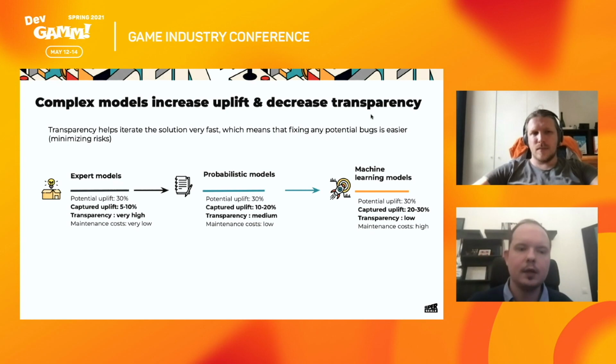The uplifts that I showed here for the expert models, probabilistic models, and machine learning models are always compared to what the old system is doing. So in everything that we do in A/B testing, we compare the control group with the old system and the variant group with the new system.